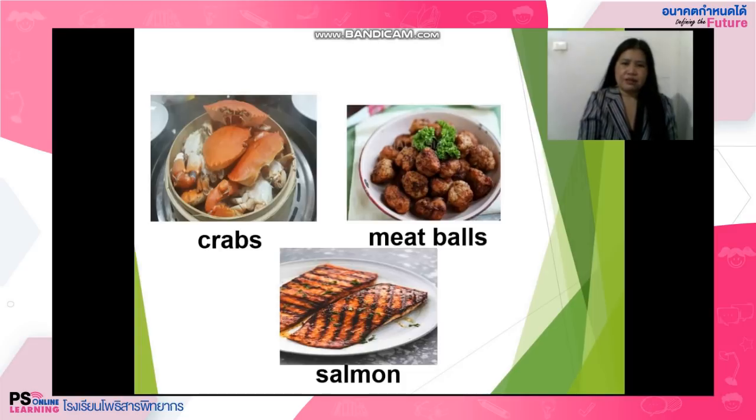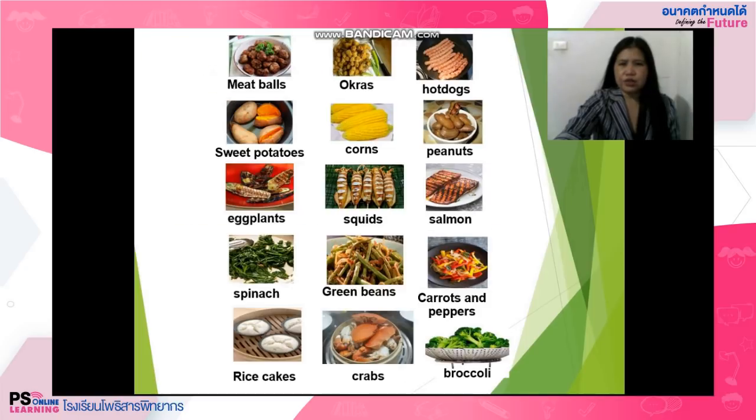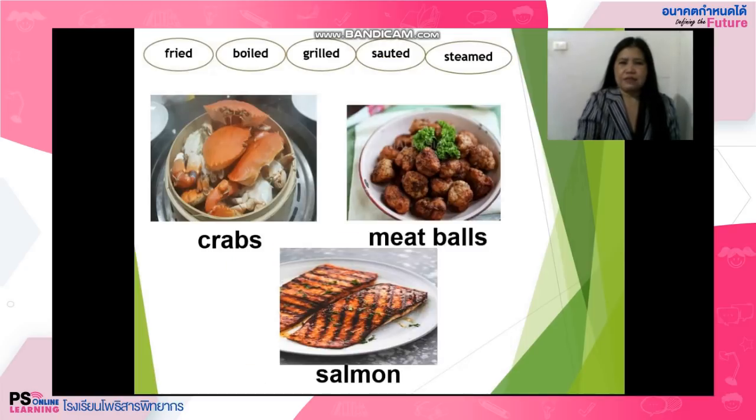It's okay. But if you use chicken, you call them chicken balls. But that's meatballs. And the last one is salmon. So write them according to how they are cooked. We have fried, boiled, grilled, sauteed, or steamed.